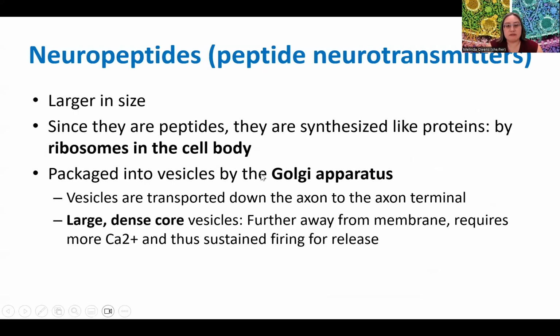They're packaged into vesicles by the Golgi apparatus. And those vesicles are then transported down the axon to the axon terminal, just like we talked about earlier about axonal transport. These are going to be large, dense core vesicles. And again, they're going to be further away from the membrane and require more calcium and thus sustained firing for release.